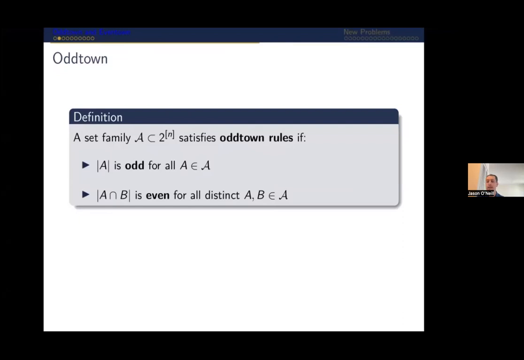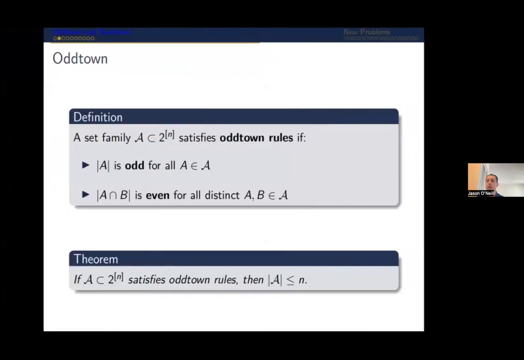The oddtown theorem says, if the sets have an odd number of elements and pairwise intersections have an even number of elements, then the most number of sets you could possibly have is the size of the ground set n. This is one of the first theorems that uses this linear algebra method.